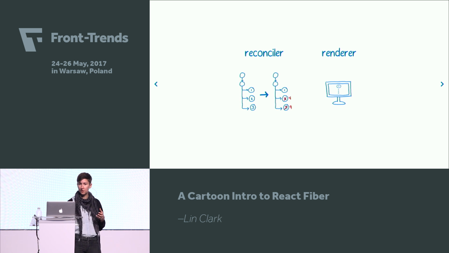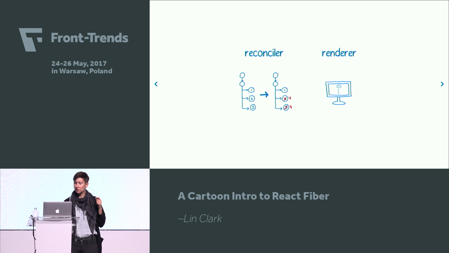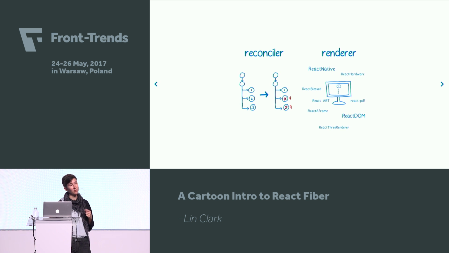Renderers are pluggable, so you can take a renderer that's not in core, that's been created by somebody out in the community, and use it to target a different host platform. But there's only one core reconciliation algorithm. That's what you download with React. This is why Fiber is such a big deal. Over the past year, React's core team has been redeveloping this core algorithm from the ground up. And the end result is the Fiber Reconciler.